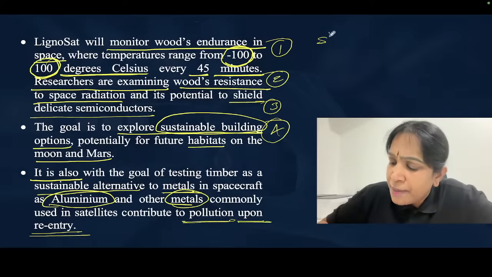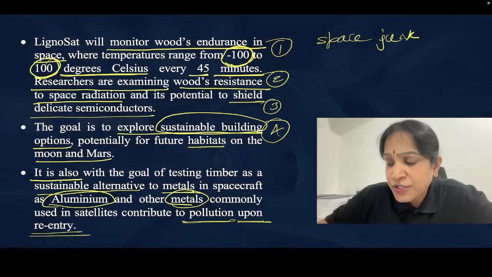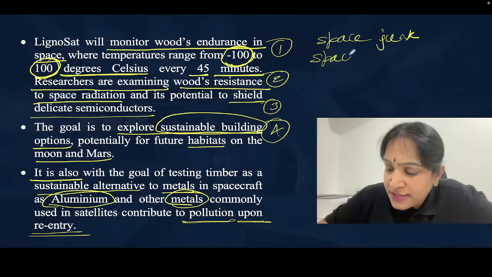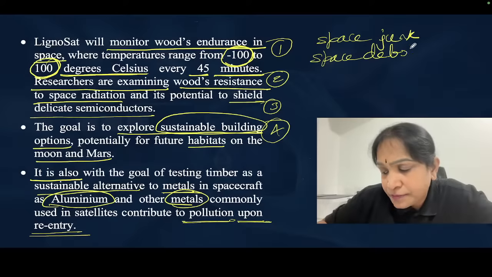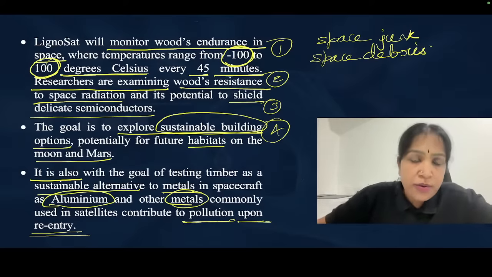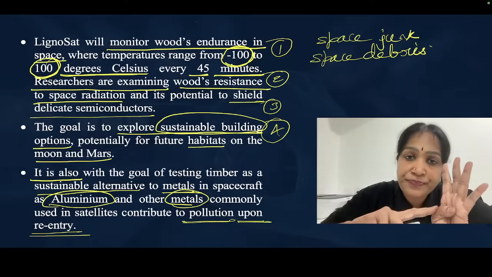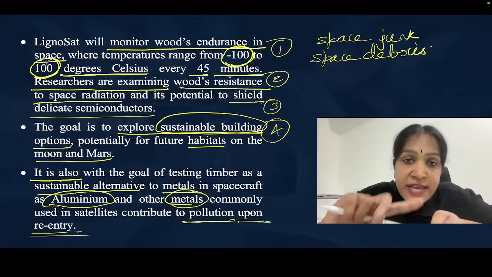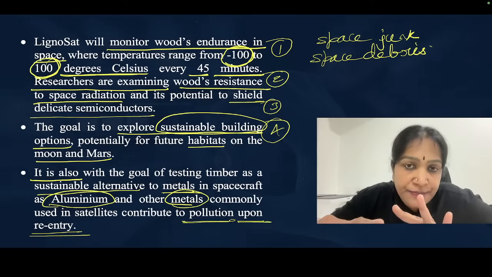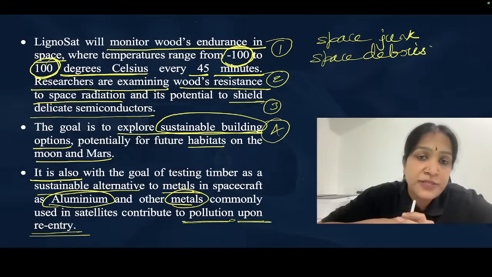Did you hear about space junk? Space junk or space debris? These are small pieces of man-made objects, like retired satellites, used up stages of rockets, failed satellites, all these will form the space debris.